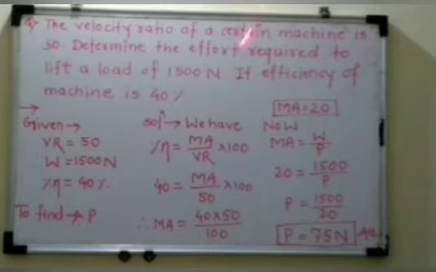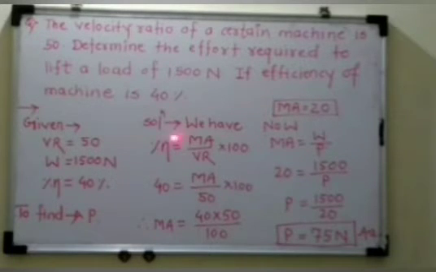In this numerical we have to determine the effort, but we don't have a special formula for effort. Then what exactly should we do? We know the formula of efficiency and the value of efficiency is also given, so first of all it's our duty to apply the formula of efficiency.